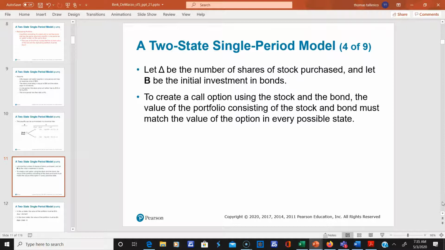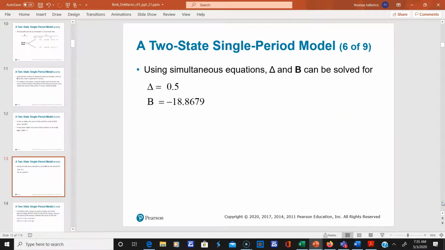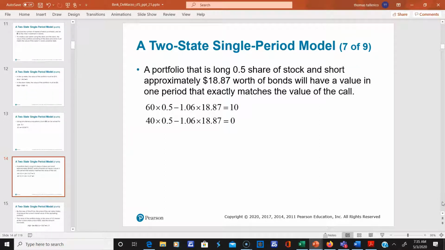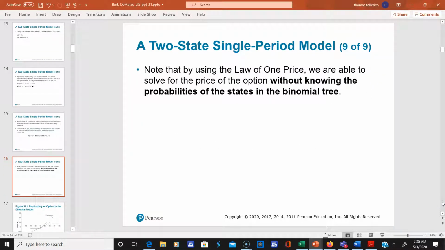Anyway, they've got this two-state model that they go through, and I'll skip over some of this math. So here's the important thing.